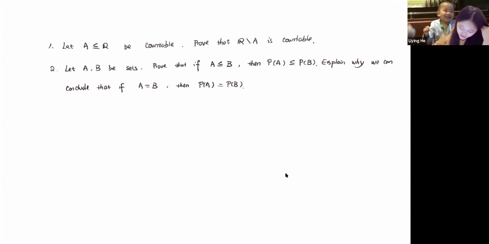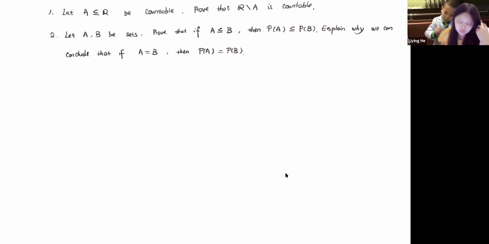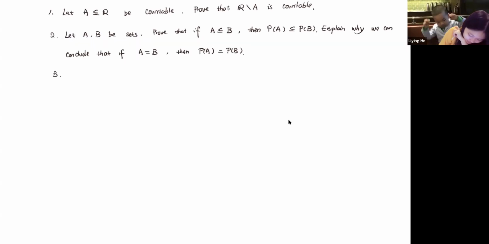Okay, try this question and check more. Question 3. A and B are two sets.